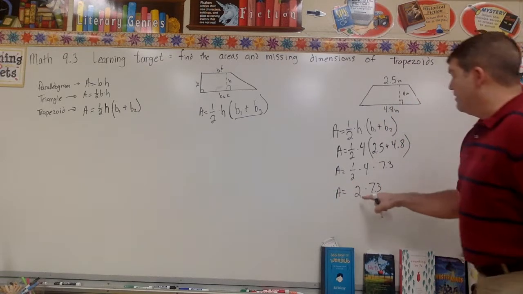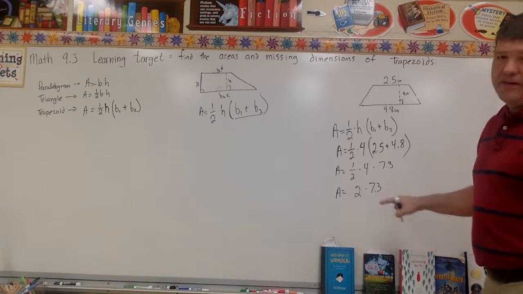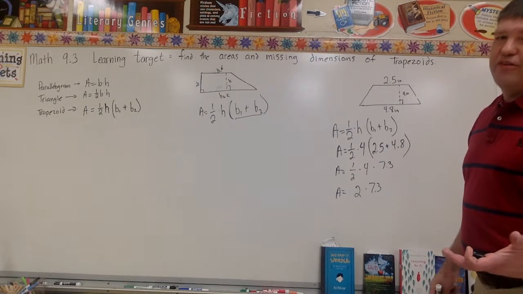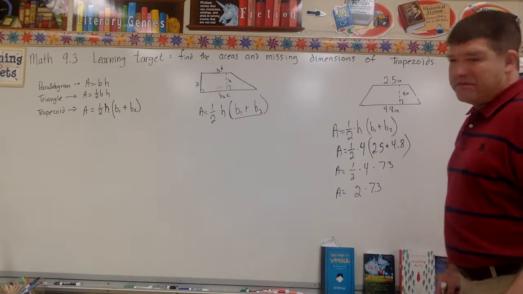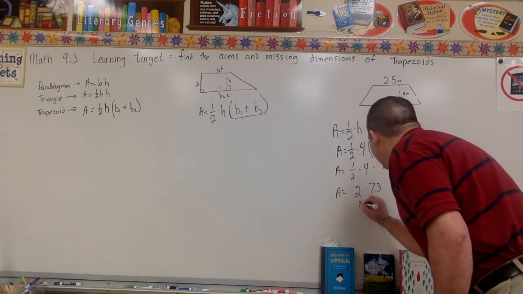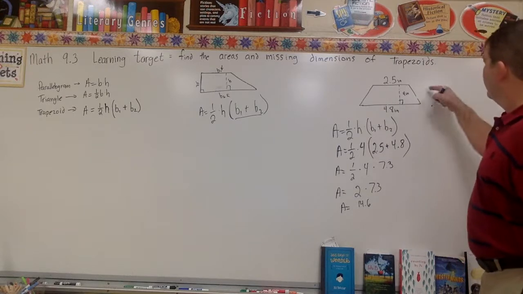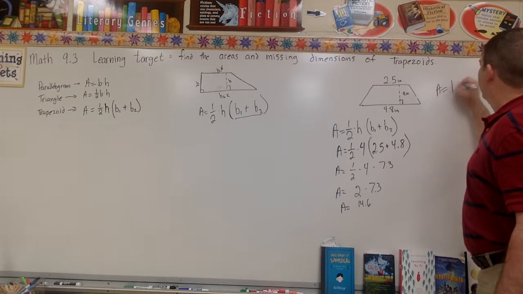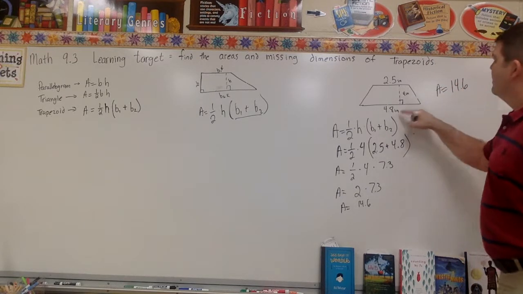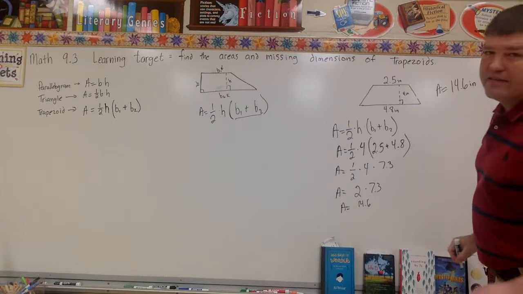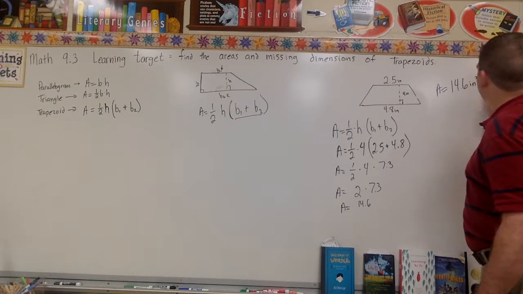If I do 2 times 7.3, you might know how to do this in your head. You can do that, or you can use a calculator. Doesn't matter. It's going to be 14.6. So my area of this one, area equals 14.6. It's in inches, and because it's the area, it's squared. Okay?